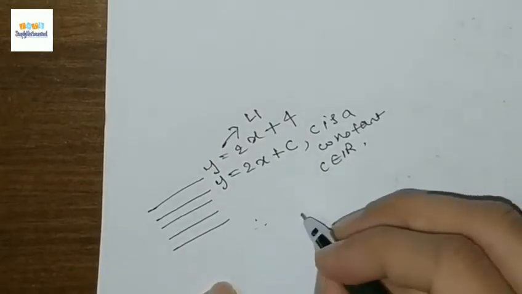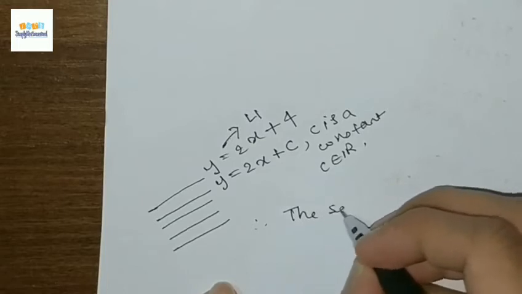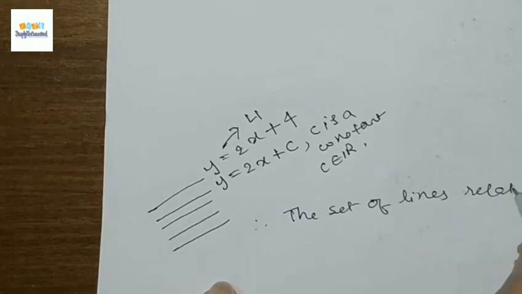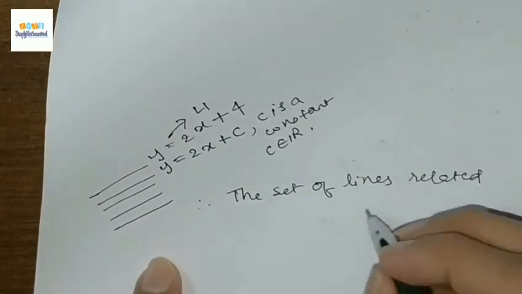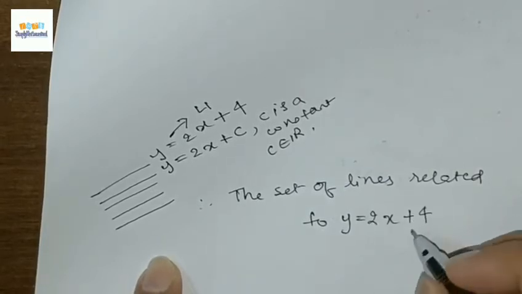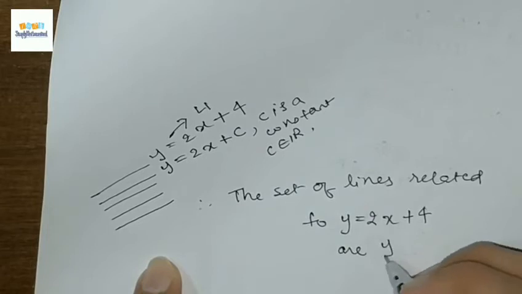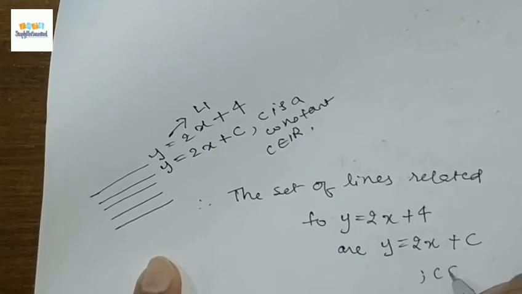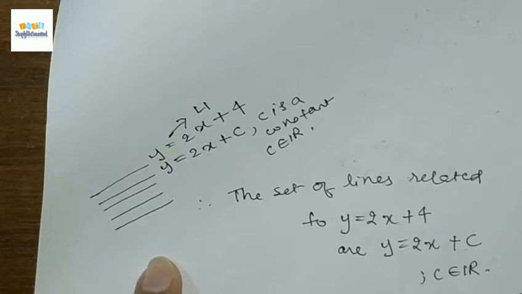So therefore the set of lines related to y equal to 2x plus 4 are y equal to 2x plus c, where c belongs to the real numbers. That was problem number 14. Now let us go to problem number 15.